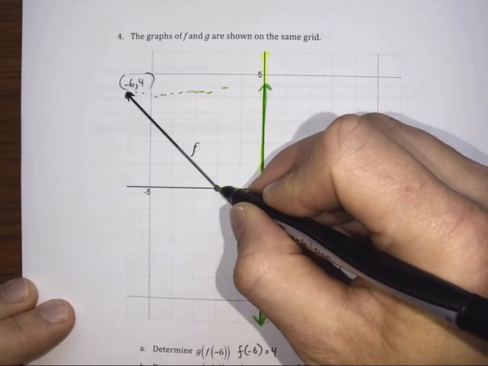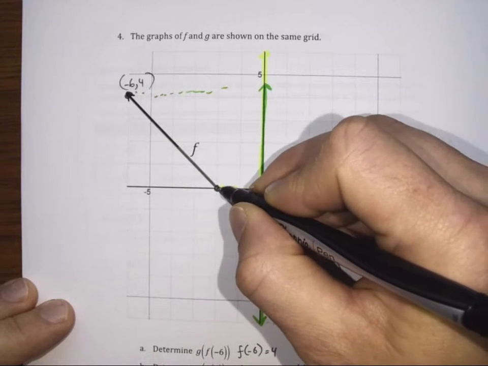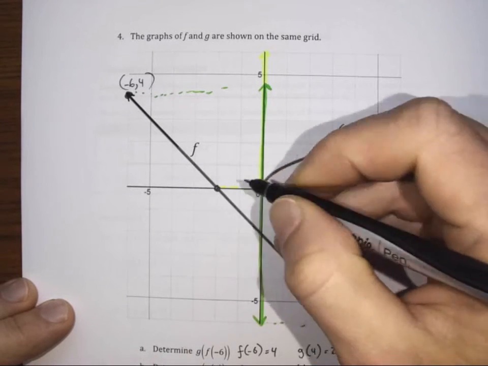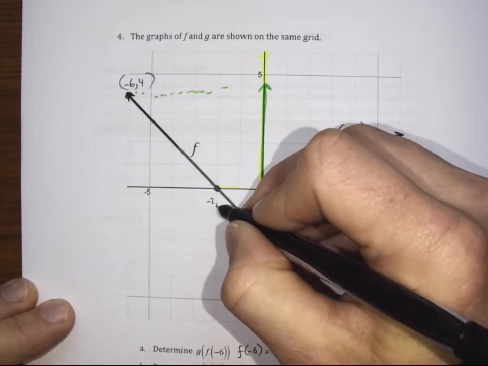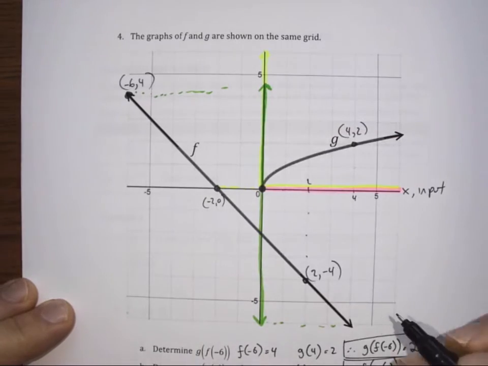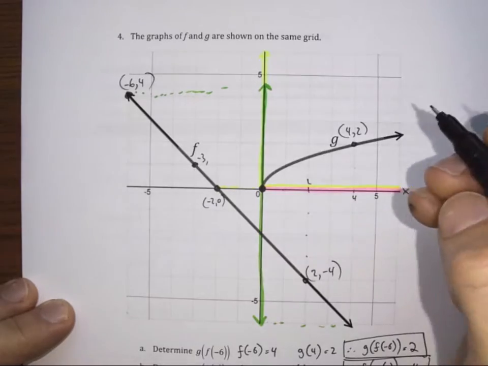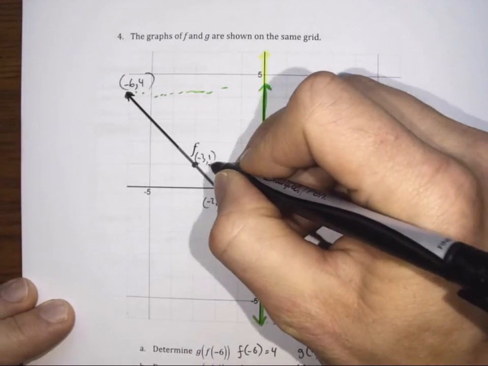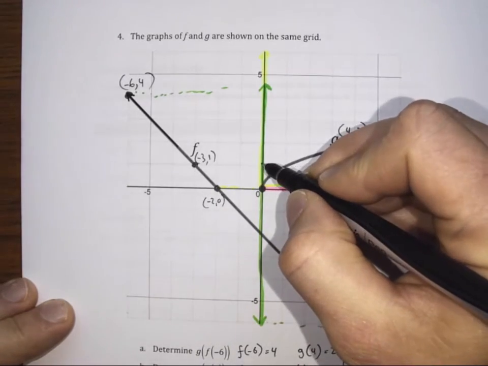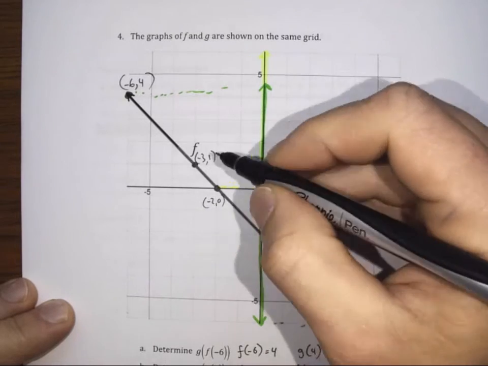Well, it looks like the value x is -2 maps to a value of 0 for y, (-2, 0). So that seems okay. And it looks like -3 and 1. So -3 seems to map to a positive y value as well.